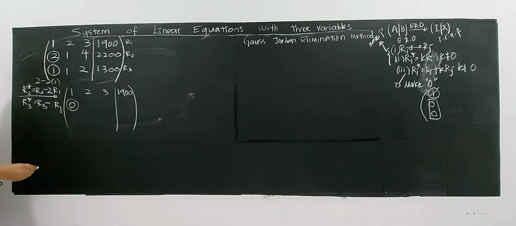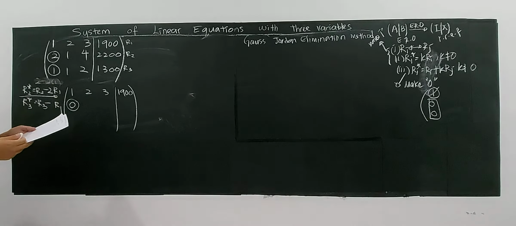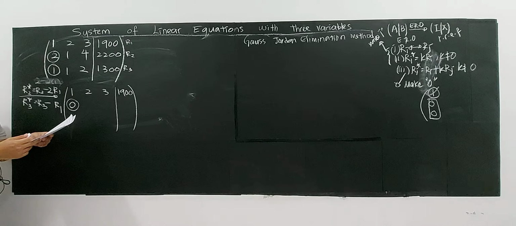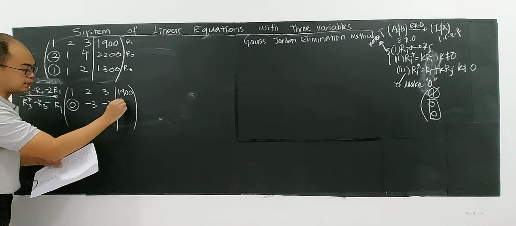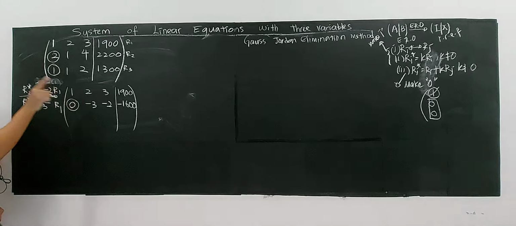You still remember that? So if you calculate, you will get -3 for this, -2 for this, and -1600 for this. Just follow this formula.